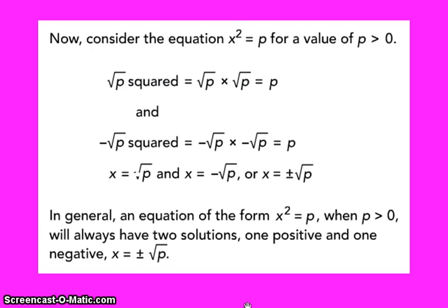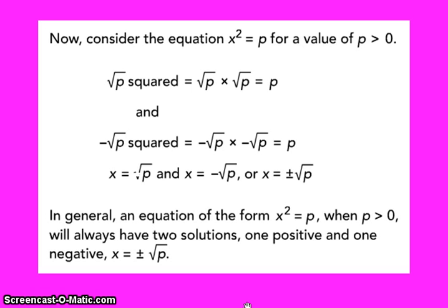For a more generalized application, consider the equation x squared equals p for any value where p is greater than 0. The square root of p squared is equal to the square root of p times the square root of p, which equals p. And with the negative sign outside, the square root of p squared is equal to negative square root of p times negative square root of p, which is also equal to p.